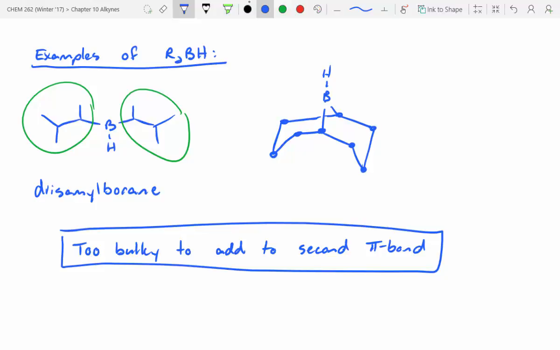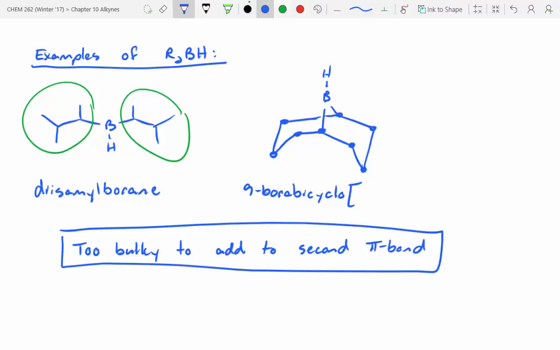But this is referred to as 9-borabicyclo. And then what goes in the bridgehead brackets? It'd actually be 3.3.1 because we do have a bridgehead for that last one.